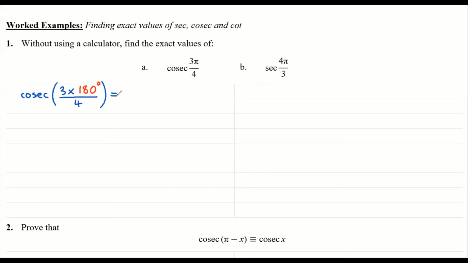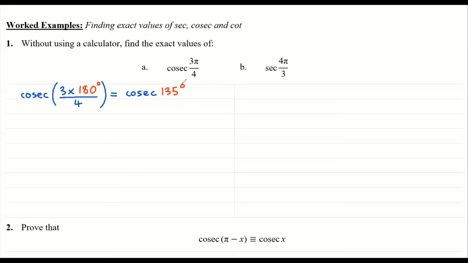So in other words, this is the cosec of 3/4 of 180, which is of course 135. And I'll do that in red again, just to show that we've changed it. So it's 135 degrees.